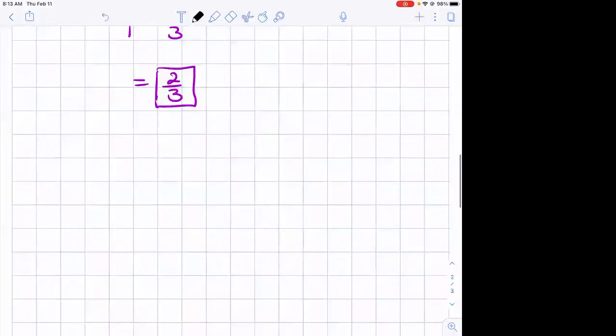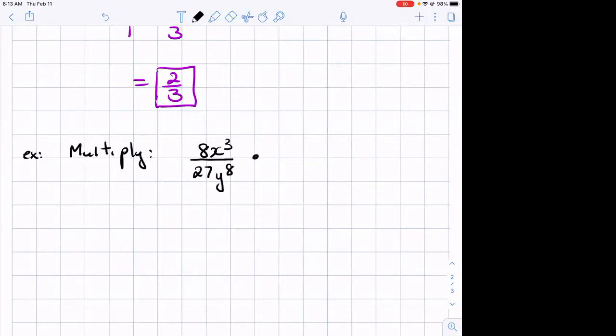So if I give you an example and I say to multiply 8x cubed divided by 27y to the 8th times 9y cubed over 12x squared.